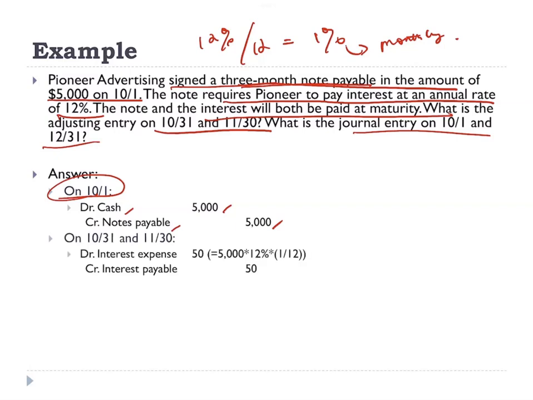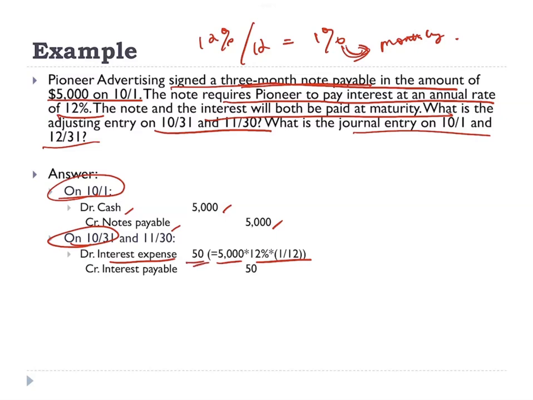And then at the end of the first month, the interest, because the firm has used this 5,000 for 1 month now. So even though those interests are not going to be paid until the end of the 3 months, still because the firm has been using this money, the firm needs to recognize interest expense, which is 5,000 multiplied by the interest rate for each month.